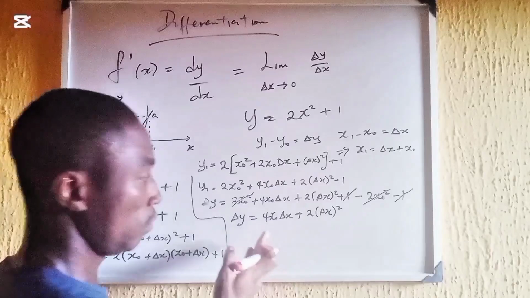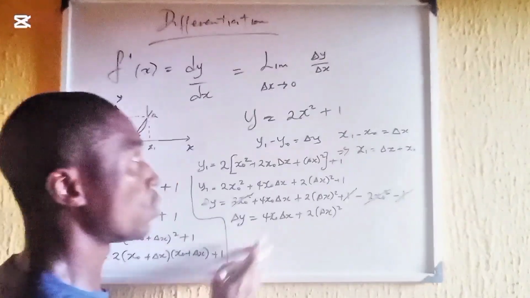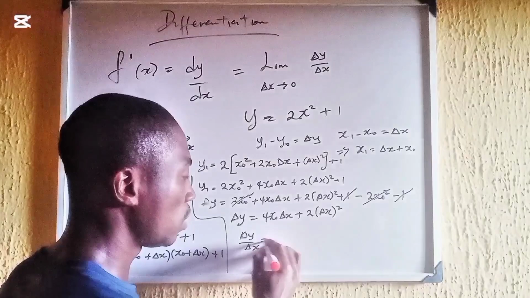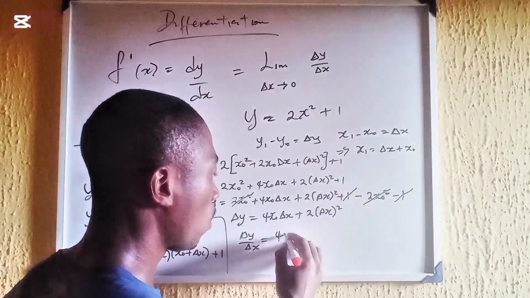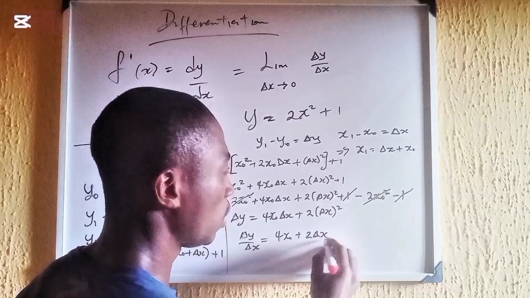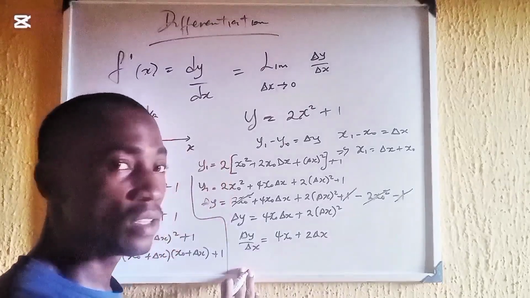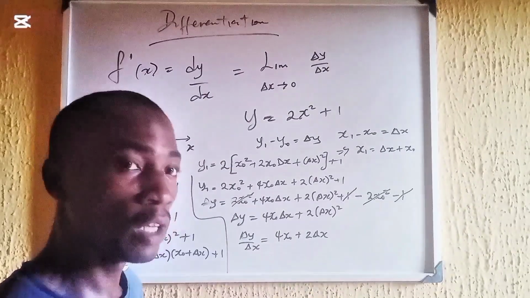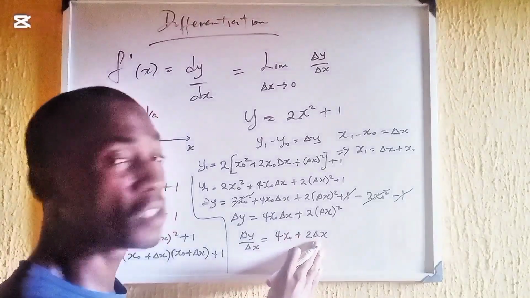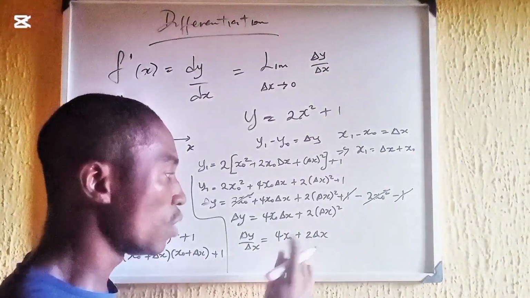Now, we need to divide by change in x to get the slope. So change in y over change in x is equal to 4x0 plus 2 change in x. Now, as change in x tends to 0, what do we do? From limits, we know that we just put 0 in the place of change in x in this equation.